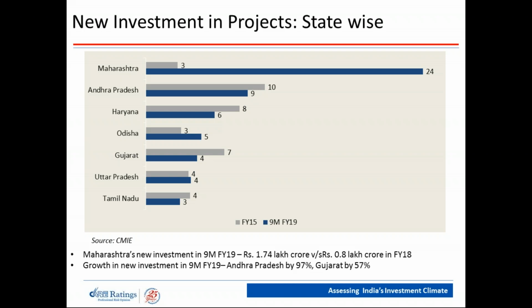However, in terms of growth, new investments in Andhra Pradesh grew by 97%, whereas in Haryana it improved by 3.8% in 9-month FY19 compared with the corresponding period last year. Gujarat also witnessed an increase in new investments by 57%, with the new investments aggregating to approximately rupees 32,000 crore.